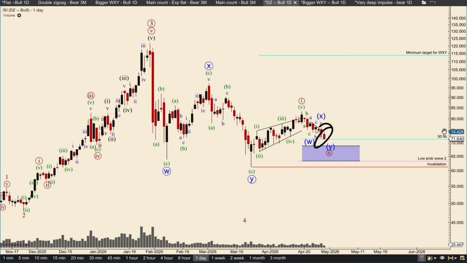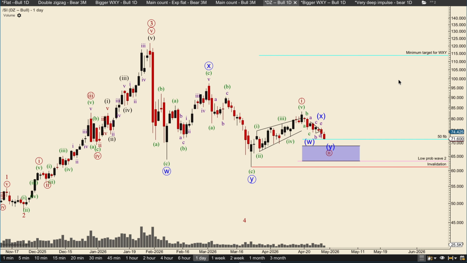Here you can see that we are stopping at the 50 fib target, which is not the highest probability target for a retracement after a leading diagonal. So therefore, in order to make this an even higher probability, I would like it to move down over here. And then I am looking for some signs of strength with an impulse of 1, 2, 3, 4, 5 retracement, and then it is a higher probability that it's moving up.